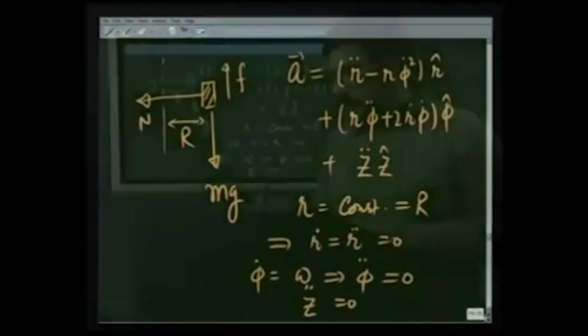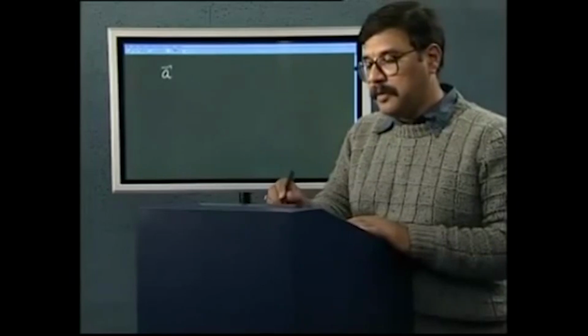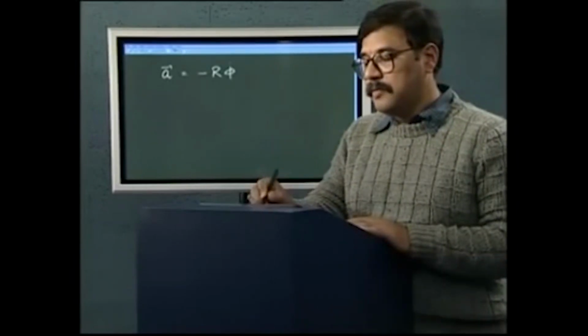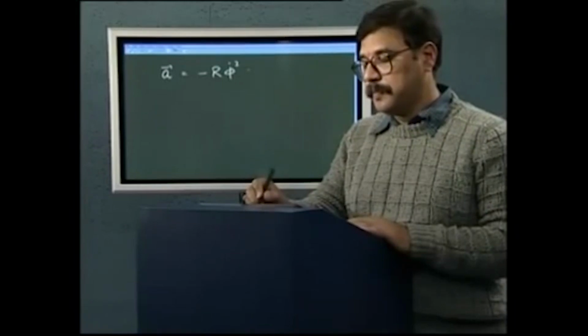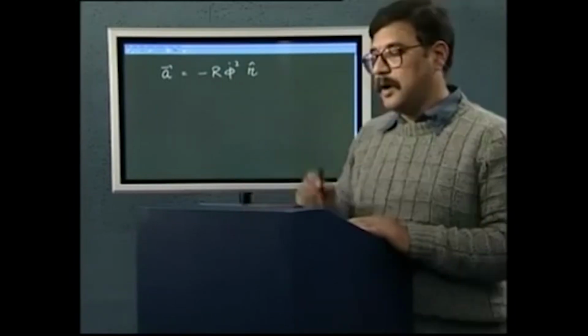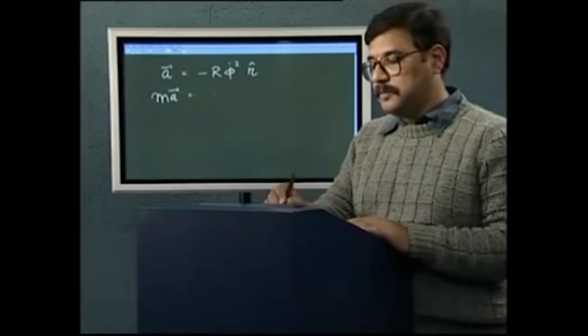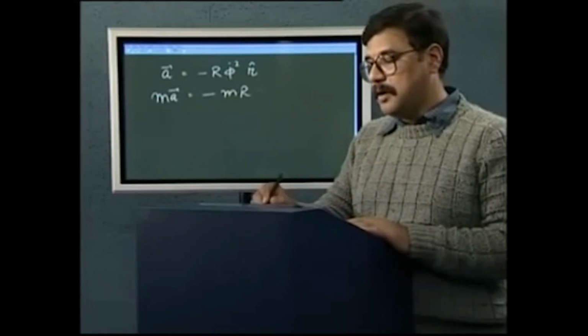Therefore, the acceleration of the mass is given as a equals minus R phi dot square in the r direction. m a therefore is minus m R phi dot square in the r direction.